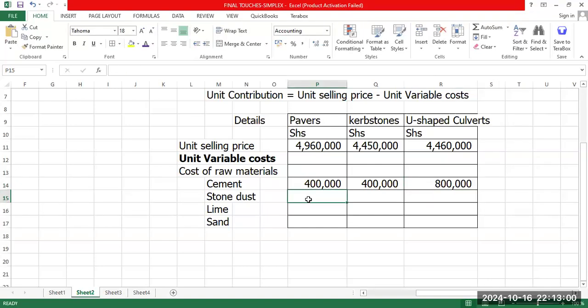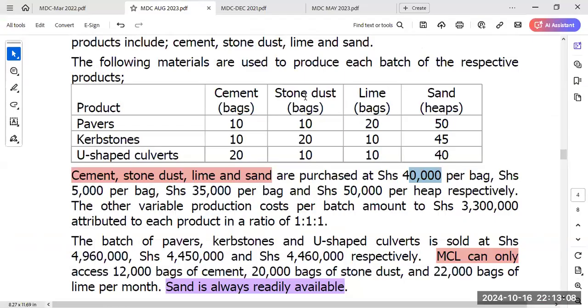Next, we go to stone dust. What are we told? To produce pavers, how many bags do you need for stone dust? 10. Okay. But each bag of stone dust costs 5,000.